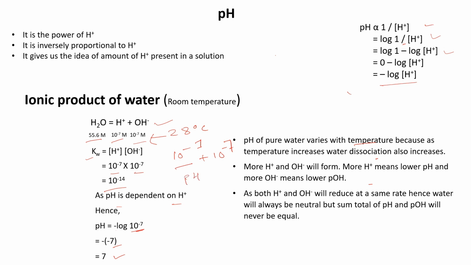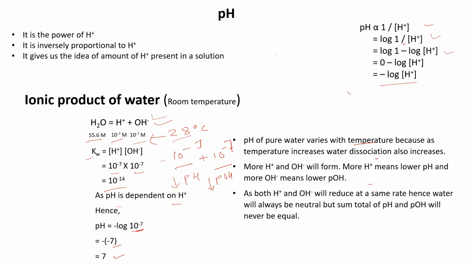More H plus, pH will go down. OH minus is responsible for pOH. More OH minus, pOH will go down. Correct? So that means if we increase the temperature, we'll get more H plus and more OH minus. At 28 degrees centigrade, we got 10 to the minus 7 of H plus and OH minus.